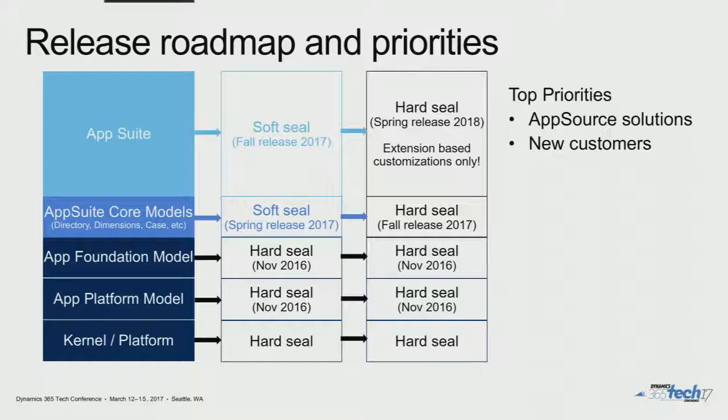That will set us up for a hard seal in the fall release of 2017. And then we have the app suite, which, even though it's by far the biggest box, should really be a lot bigger if we were to look at what's in that particular model. The target there is to soft seal in the fall, with a hard seal in the spring release of 2018, so on the order of 15 months from now.